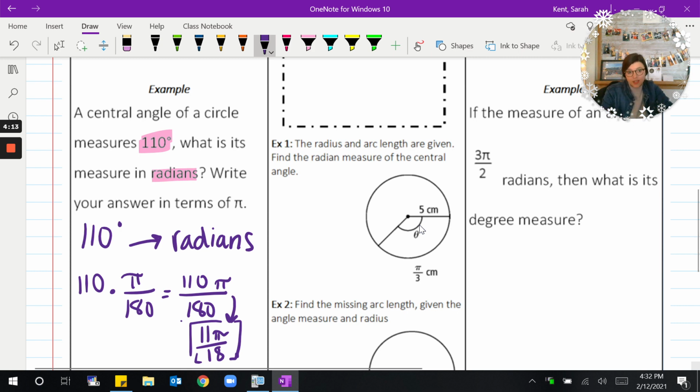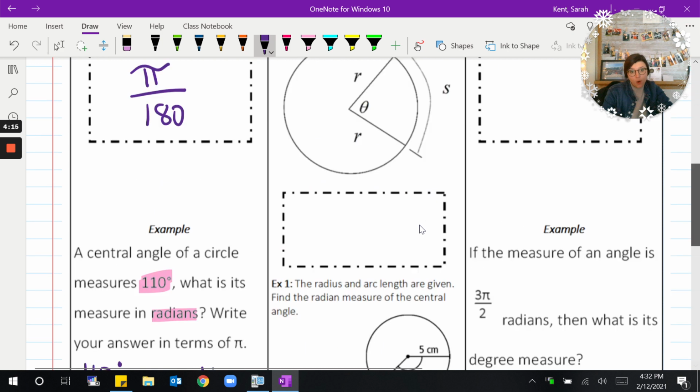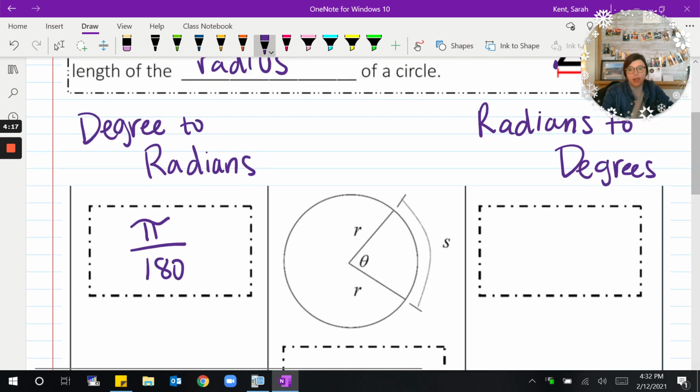Now on the other side, if we want to go backwards, so instead of going degrees to radians, we want to go radians to degrees, we just take that fraction and flip it over. So now we have 180 over pi. It's going to be the same idea, just a new fraction.